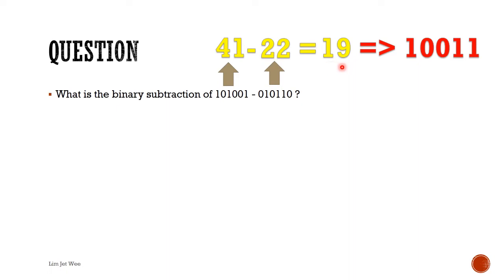Just simple subtraction that we use. So what is 19 in binary? Again, you can use the table method that we use in class all the time. 19 in base 2 is 1 0 0 1 1. So this will be my final answer.